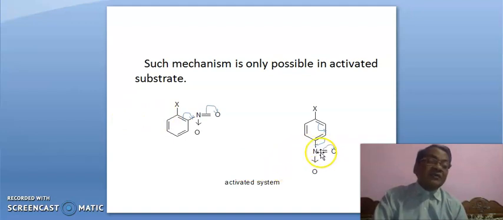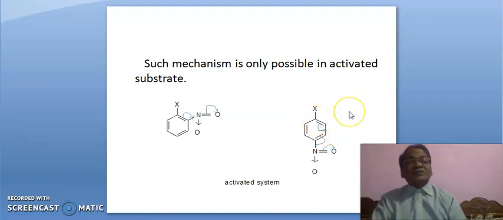In a similar fashion, if the nitro group is at para position, this pi bond will break in this fashion, leading to positive charge at this nitrogen. Due to this positive charge, this pi bond will break in this fashion, leading to positive charge here. Due to this positive charge, this pi bond will break and shift in this fashion, leading to positive charge here.